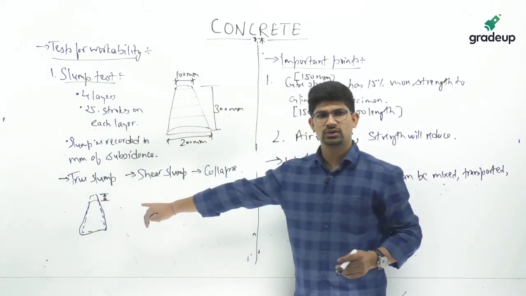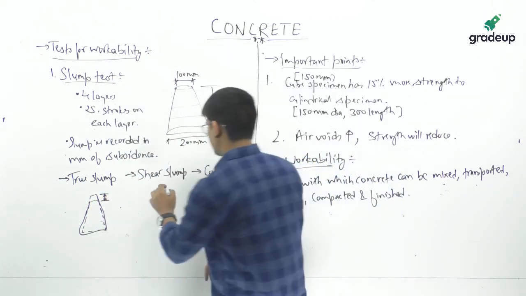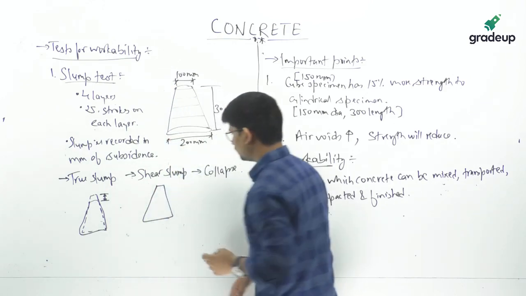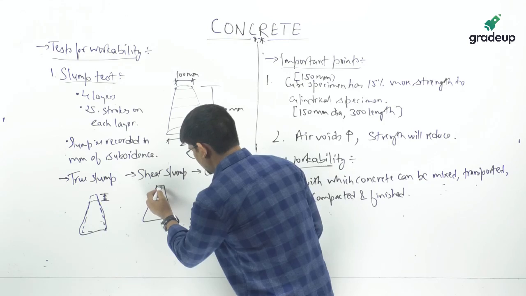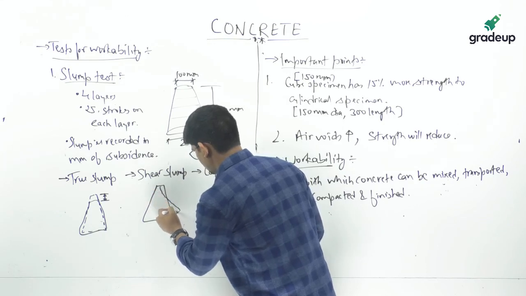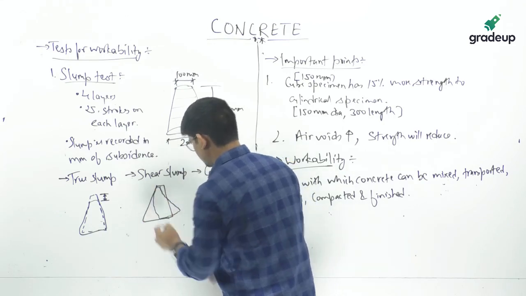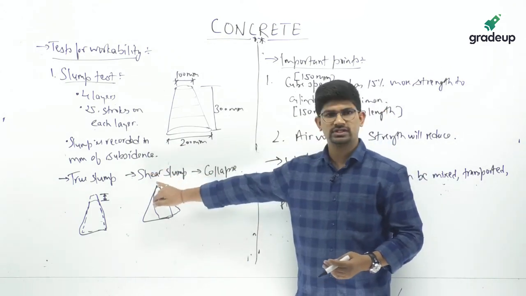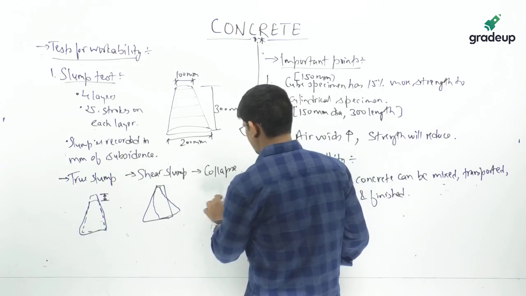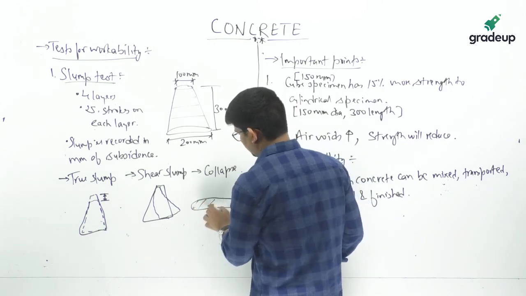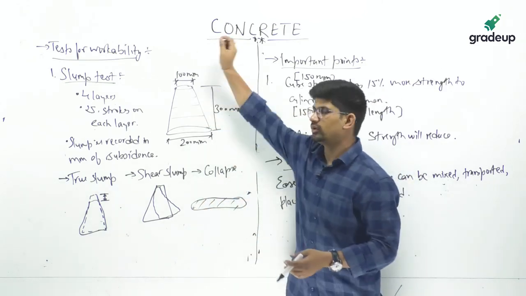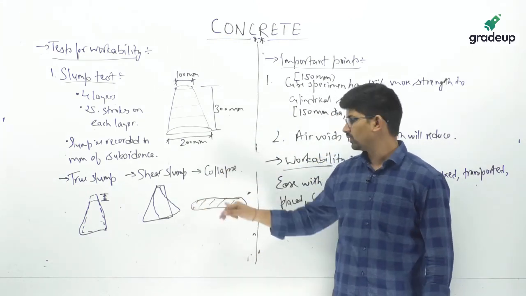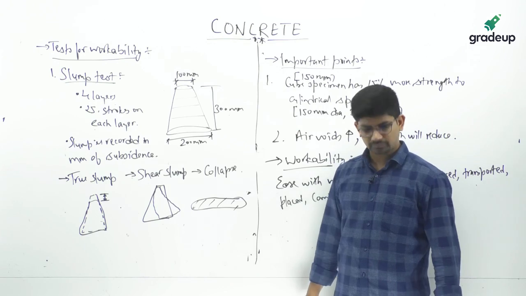So that is true slump. Now what is shear slump? If suppose this was the original case, it just gets like this. So from one side it has sheared. That is known as shear slump. And collapse is when the concrete has very high workability. When you remove the cone, the concrete just flows. That is known as the condition of collapse.